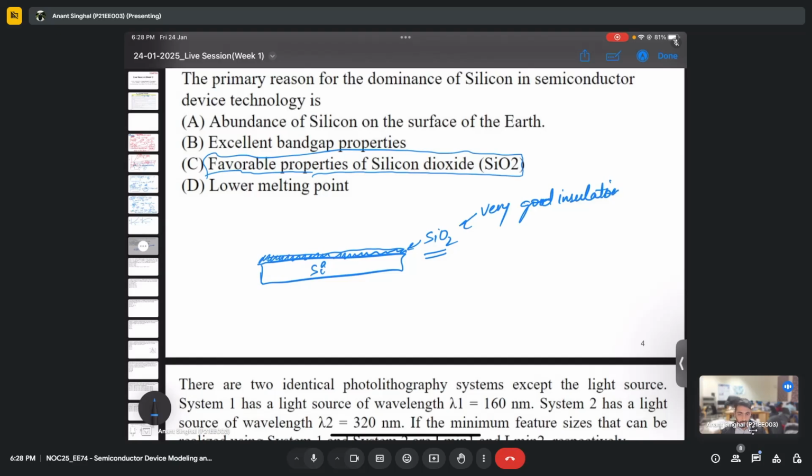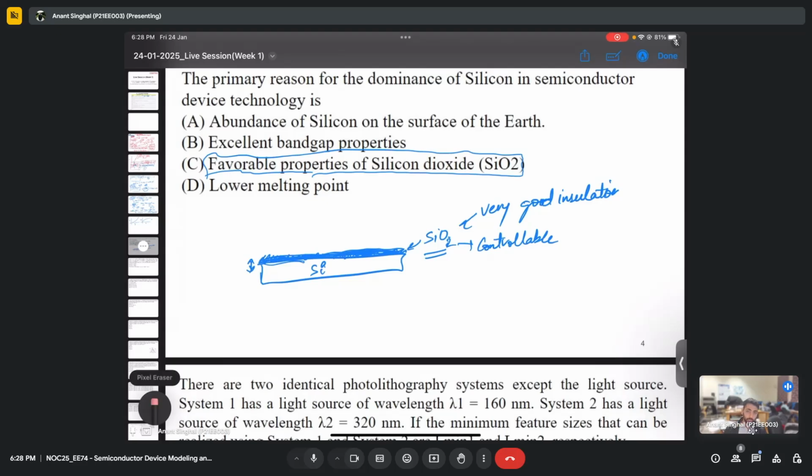The second thing, from a fabrication perspective, is that we require this to be very smooth. The growing of this layer should be very uniform. There should be no up and down anywhere once the silicon grows. So this is also very controllable for this particular material, that is silicon.